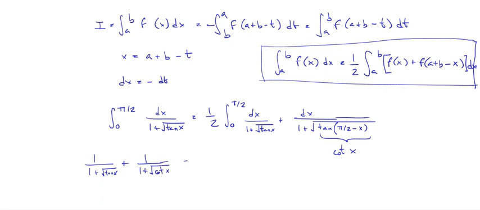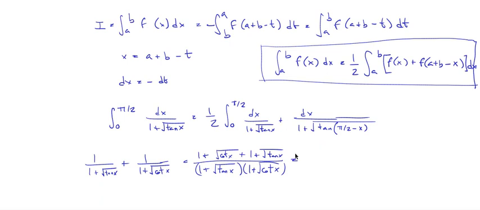So let's see if we can simplify this thing. Well, we have to put everything in the same denominator, and so this is just 1 plus the square root of the cotangent plus 1 plus the square root of the tangent. Okay, then we erase this thing.